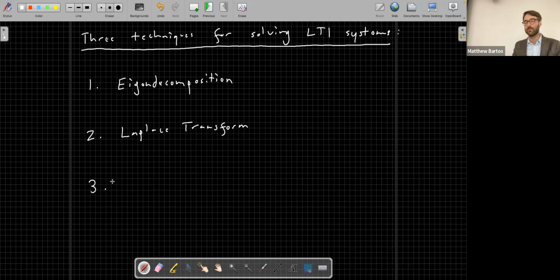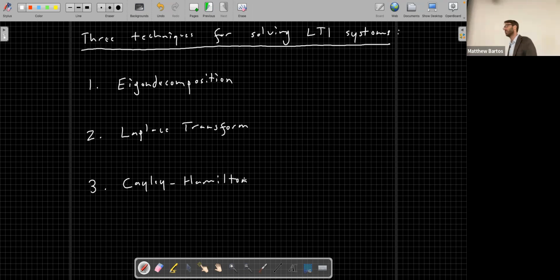And the third way is through something called the Cayley-Hamilton theorem, which is also a really fascinating theorem, which unfortunately I don't have time to go through in this class, but I'll give you a little bit of a preview about what Cayley-Hamilton is about. Okay, so there are 3 techniques I'm going to show you.